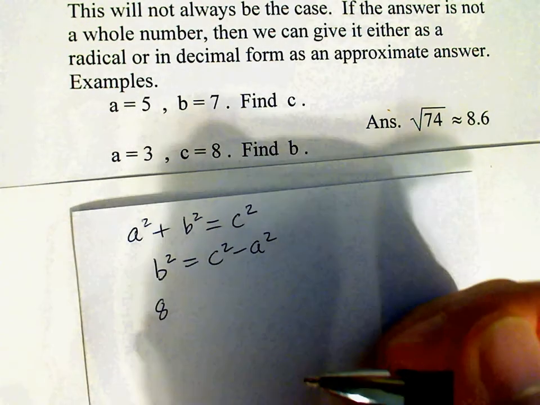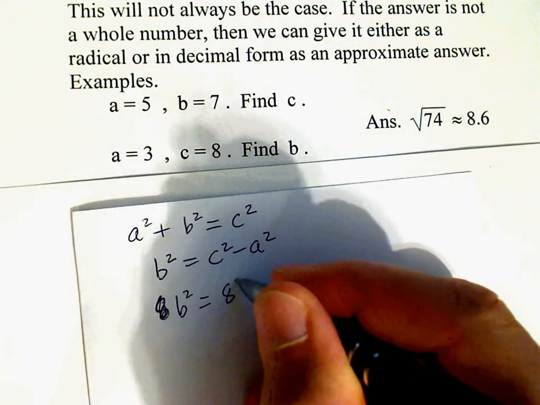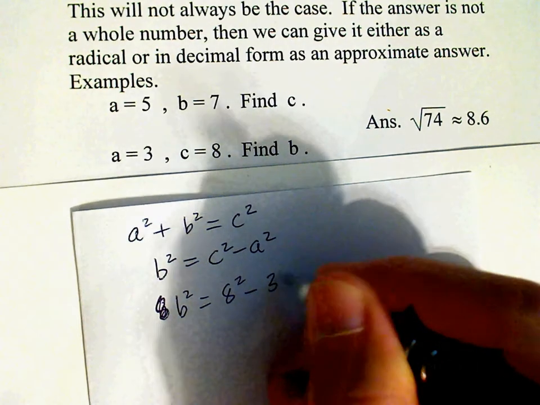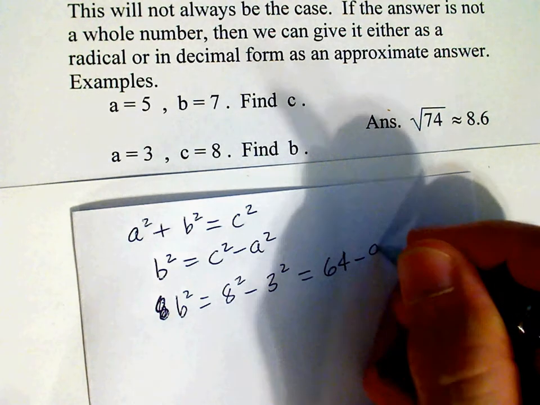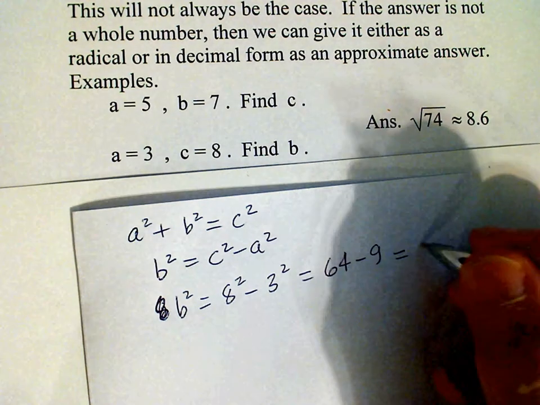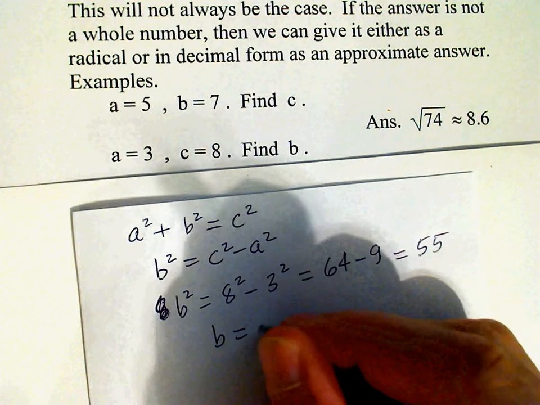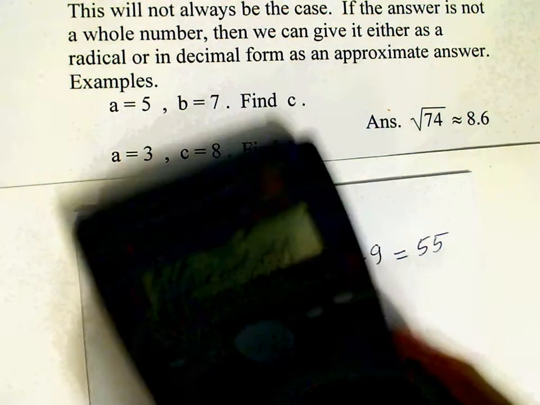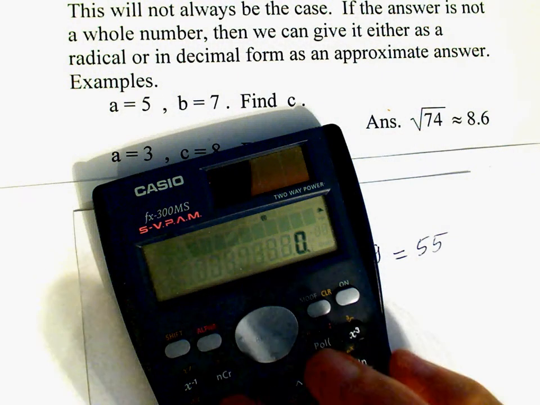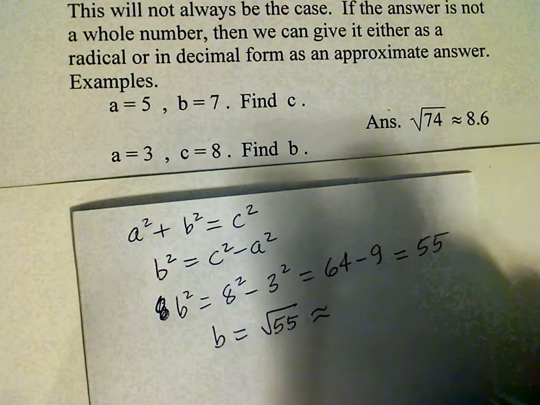And we have 8. b squared is equal to 8 squared minus 3 squared. So that's 64 minus 9, or 55. So if b squared is 55, then b is equal to root 55, which is approximately 7.4.